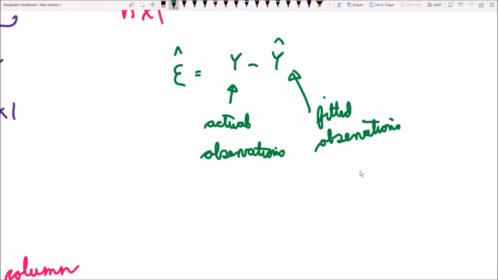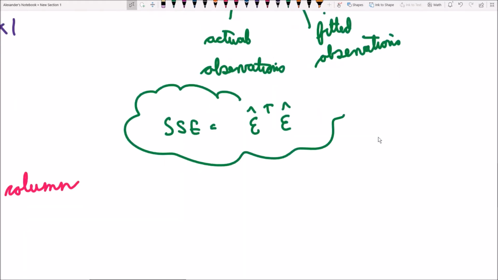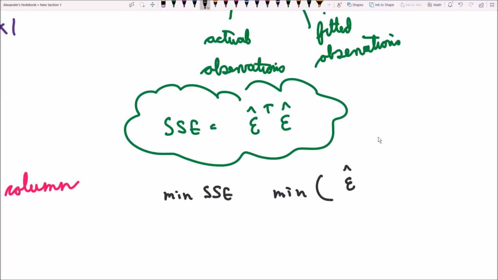So this is how we will calculate epsilon hat. The sum of squared errors is given by epsilon hat transpose multiplied by epsilon hat. And this is our error sum of squares. And when we're trying to fit our regression model, our goal is to minimize the error sum of squares, which is the same as minimizing epsilon hat transpose times epsilon hat.